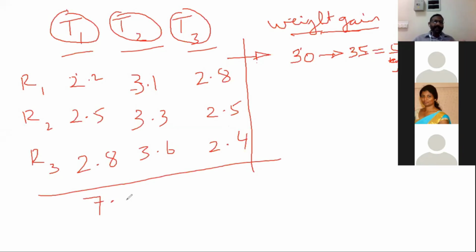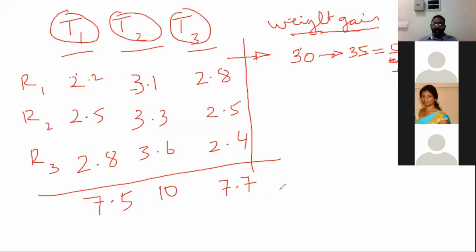You can use the calculator. 7.5. Good. Okay. So that is what I said. I am very poor in calculating. All right. 7.5. What about the second treatment total? 10. Third treatment? 7.7. Right. Now, this calculation is enough for the time being.